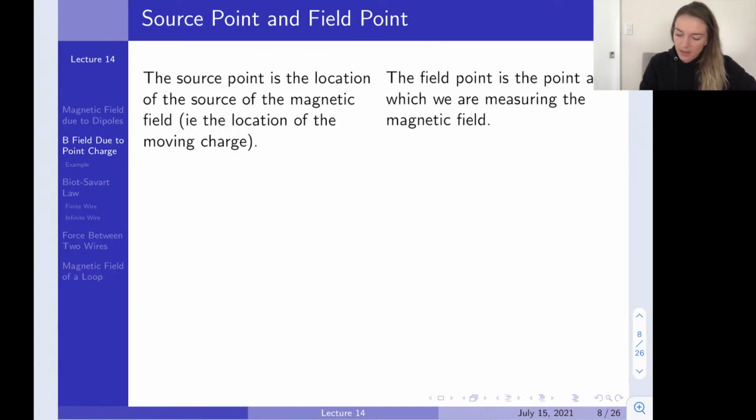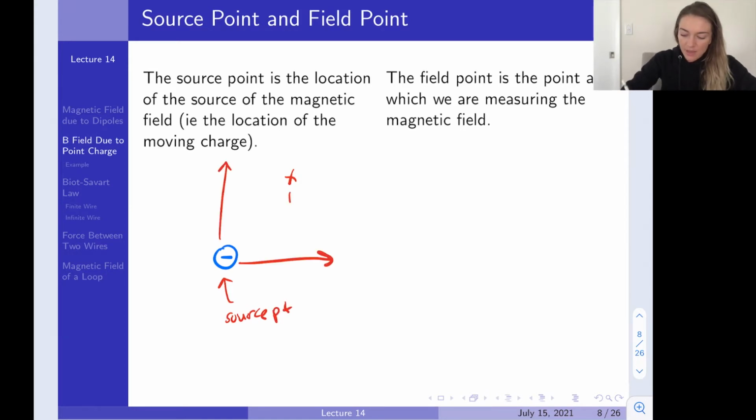So let's clarify source point and field point a little bit. The source point is the source of the magnetic field. So if we have a charged particle here, and we want to measure the magnetic field out here, this is our source point, and this point out here is our field point.